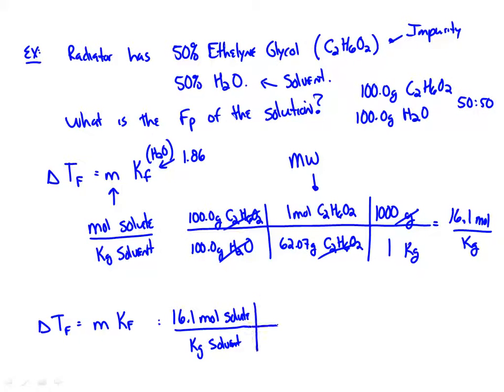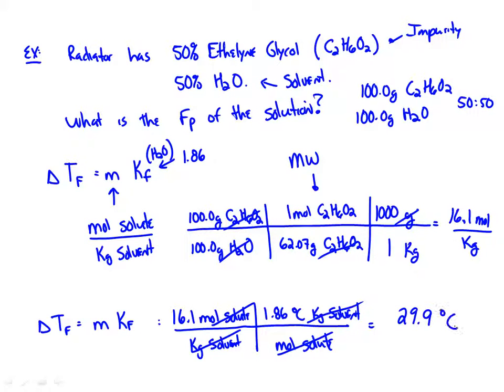And if I multiply that by KF, which is 1.86 degrees Celsius per kilogram solvent all over mole of solute, notice that my units all cancel except for degrees Celsius, and when I plug that in, I should get 29.9 degrees Celsius.